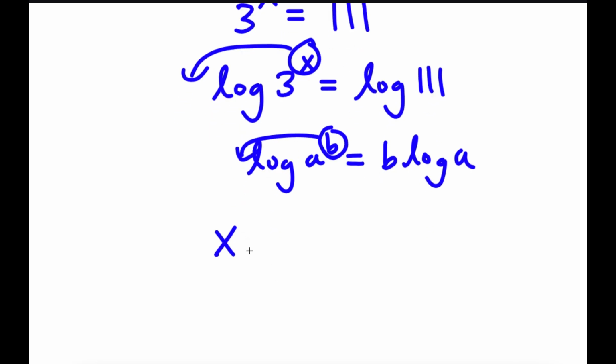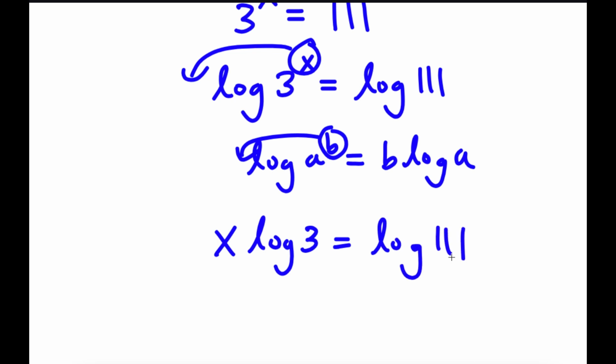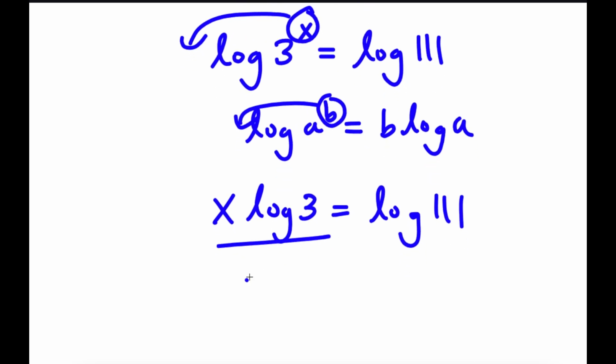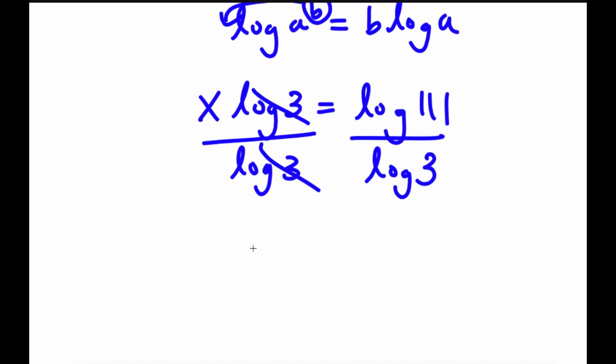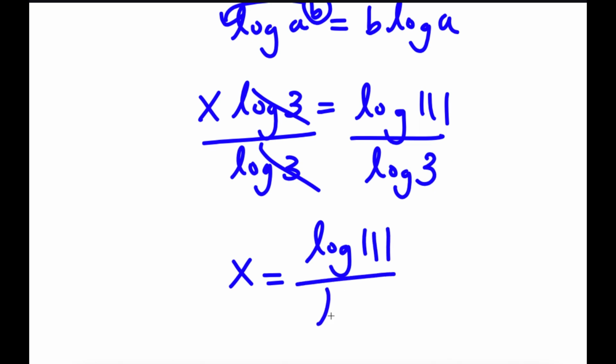So now I have x times log 3 is equal to log 111. Now if I divide both sides by log 3, these two cancel out. And now I have x is equal to log 111 over log 3.